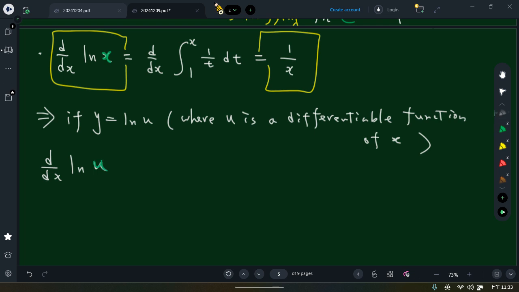So the result will be 1 over u, remember, times du over dx. Do you remember we can also apply the chain rule? When we differentiate ln x, the result is 1 over x, but here it is u, where u means some expression in x. So the result is 1 over u. Don't forget this part.